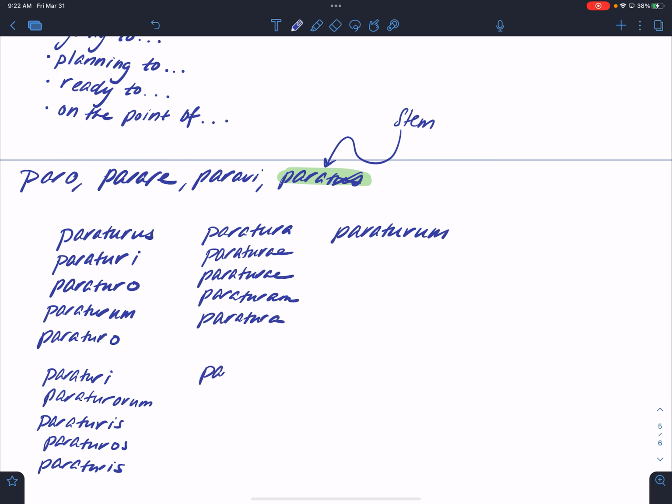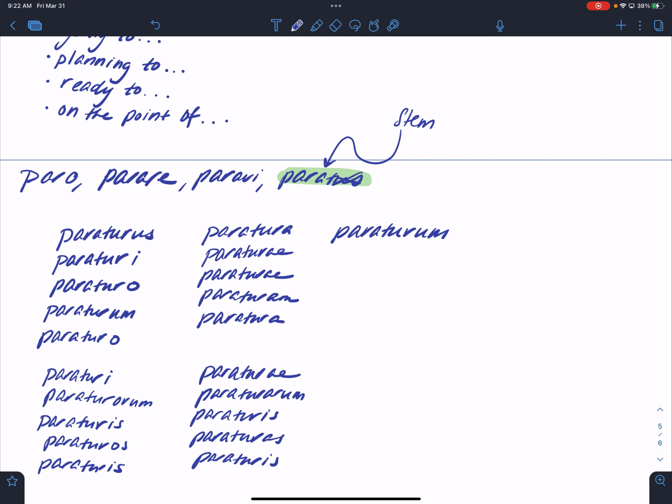Then in the plural, paraturae, paraturarum. Man, that's a mouthful. Paraturis, paraturas, paraturis. Okay, and then just the neuter.